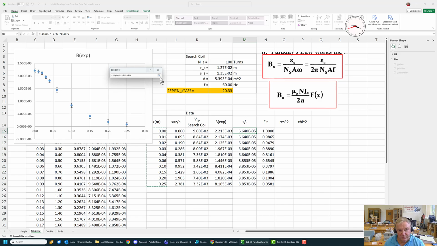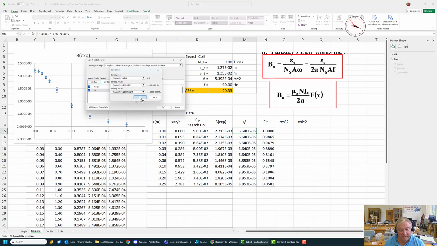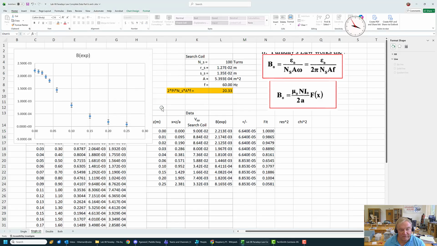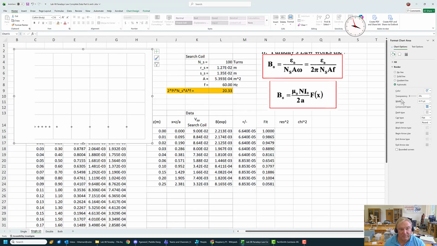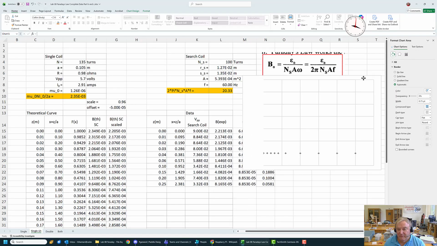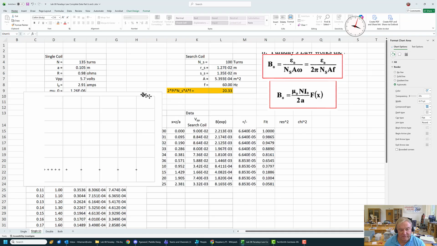Make sure to only select the numbers. And the Y values are the fit itself. Okay. And of course, they're going to line up. Oh, something went wrong. What happened? What did I do?